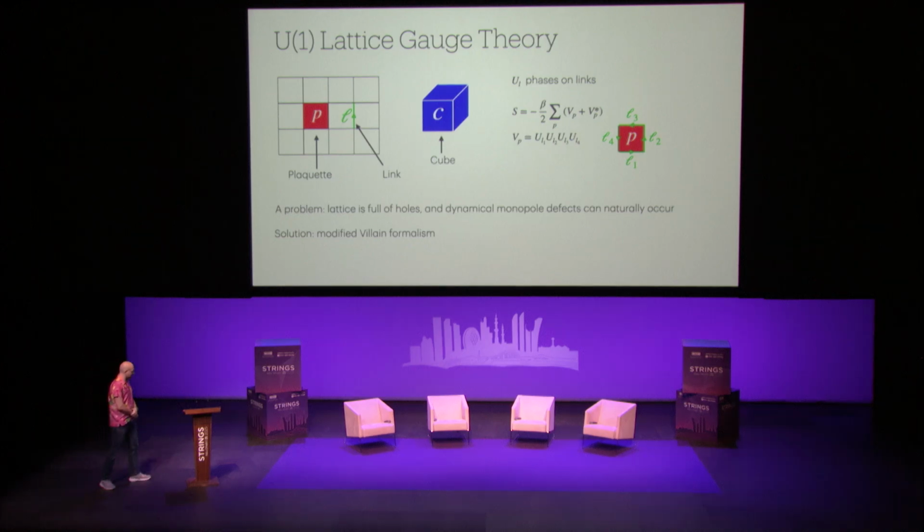The first hurdle, and I think one of the reasons why we could do this now, is this. If you want to focus on a U(1) lattice gauge theory, the conventional way of putting any gauge theory on the lattice is to define some kind of group-valued objects on links.